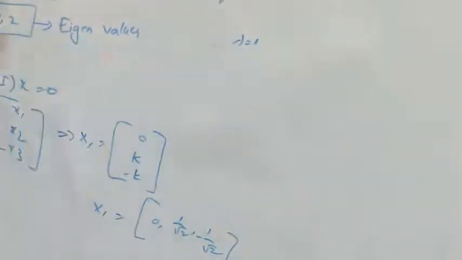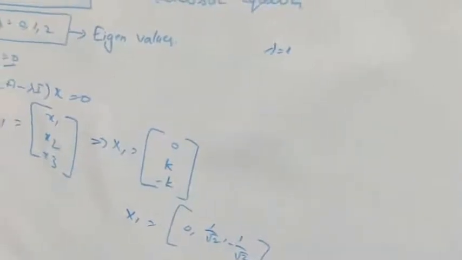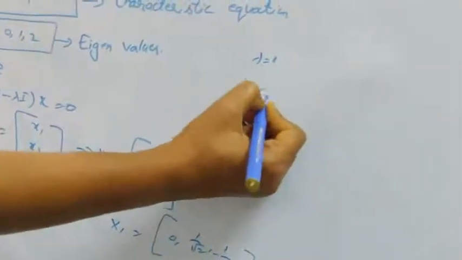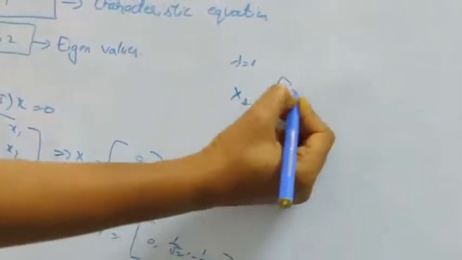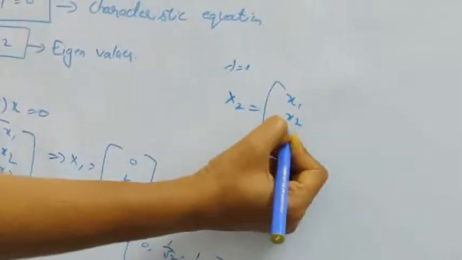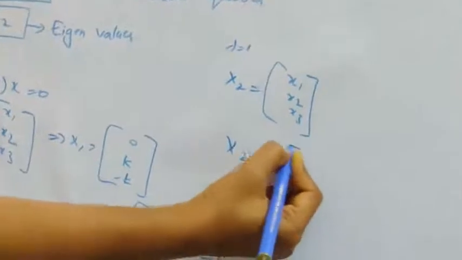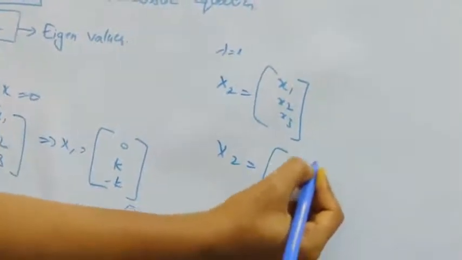If in finding the eigenvector you don't get a value, you have to consider that value to be 1. So for lambda is equal to 1, the final eigenvector, like x1, x2 and x3, is 1, 0, 0.